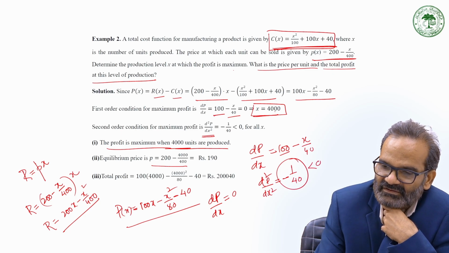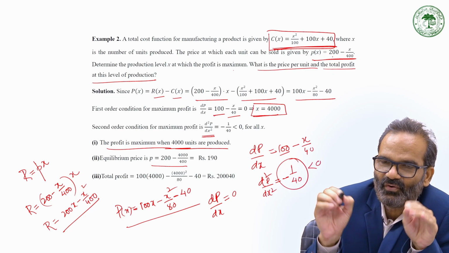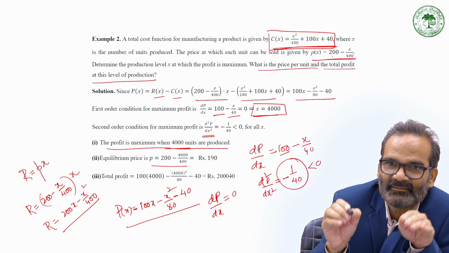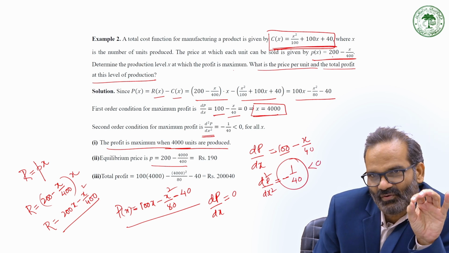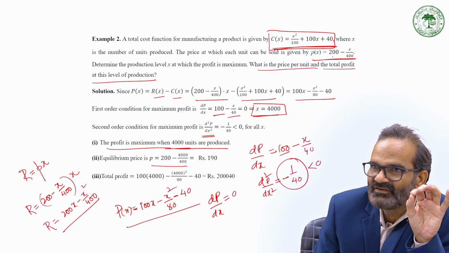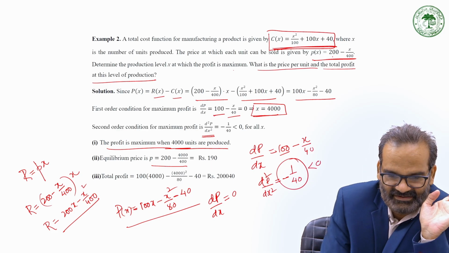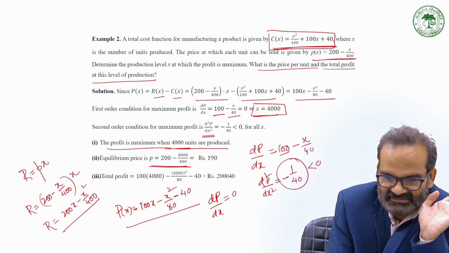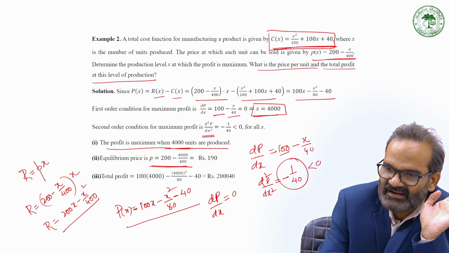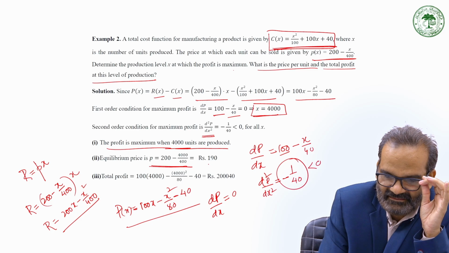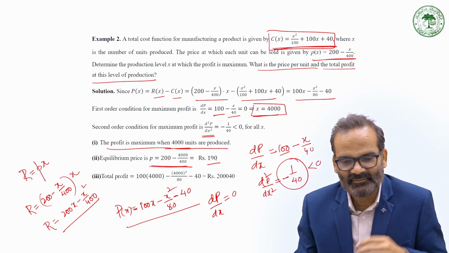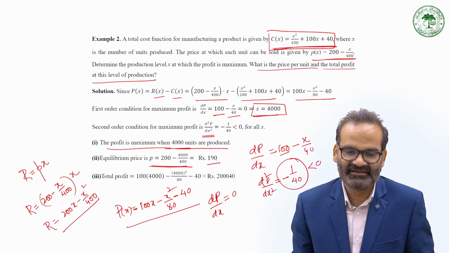Put x equal to 4000 in our demand function, and we will get the price of the commodity. So the price is 200 minus 4000 divided by 400, that is 10. 200 minus 10 is rupees 190, right?